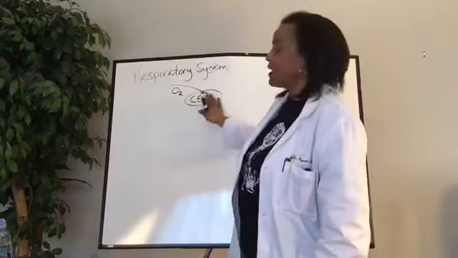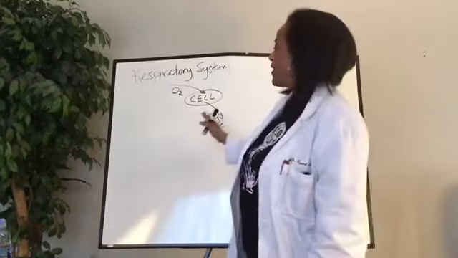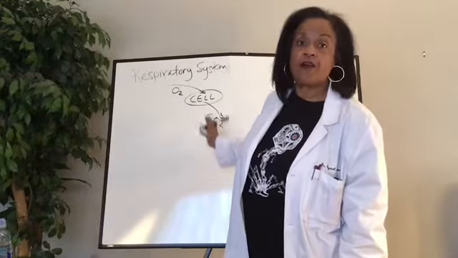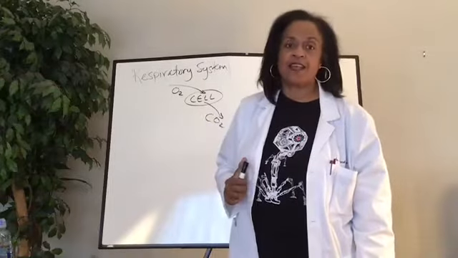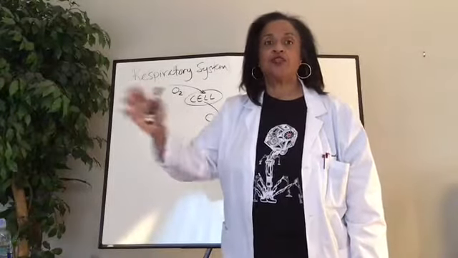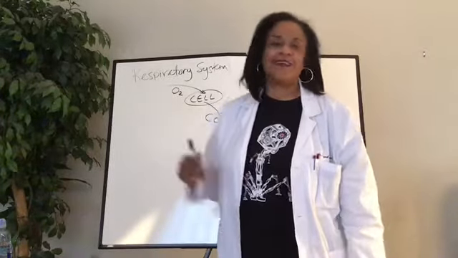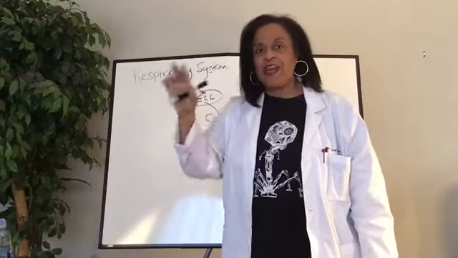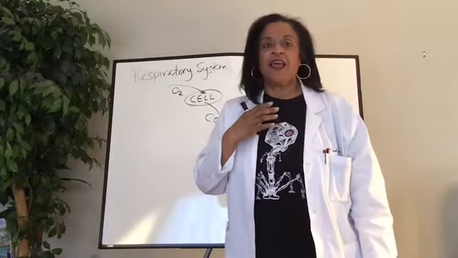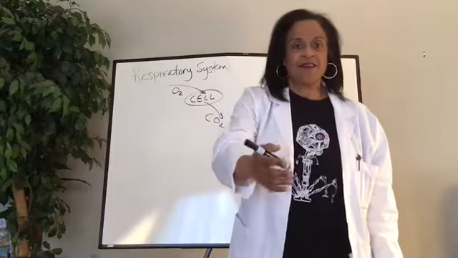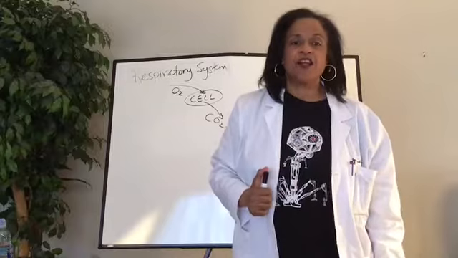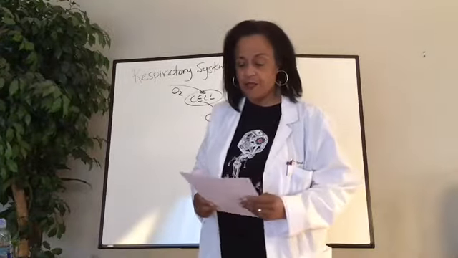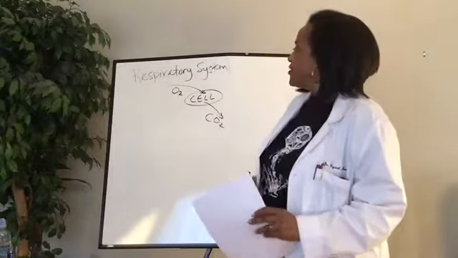Our cells utilize the oxygen, and then we, as humans or aerobic beings, give off our waste, which is carbon dioxide, which in turn is used by the plants and trees and the flowers. So it's a great system of utilizing oxygen for us, and the plants and trees utilizing the carbon dioxide for them. So it's a very symbiotic relationship. So that's one of the functions of the respiratory system.